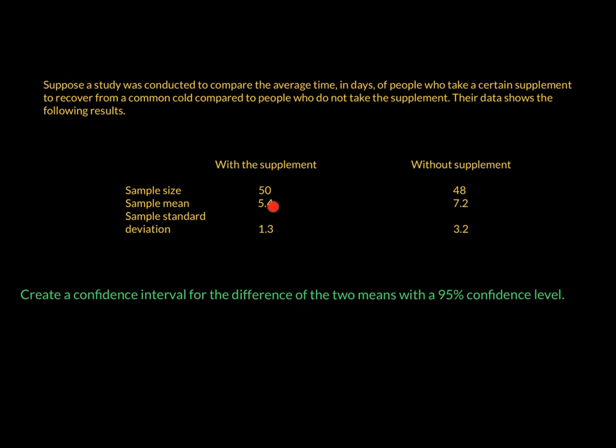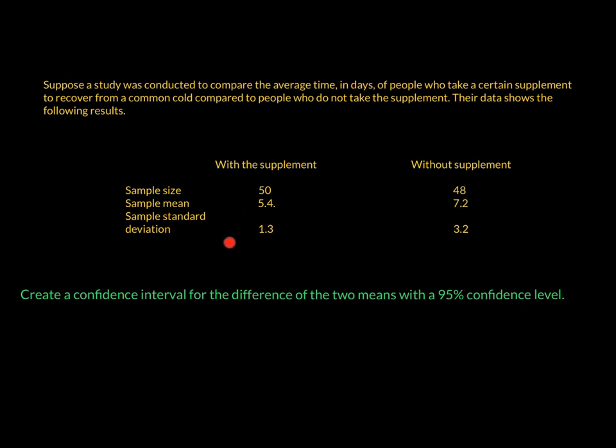The sample means are the average time for each group to recover, the number of days to recover from a common cold. So 5.4 means it will take about 5.4 days for those taking the supplement to recover, while 7.2 means about 7 days for those not taking the supplement.